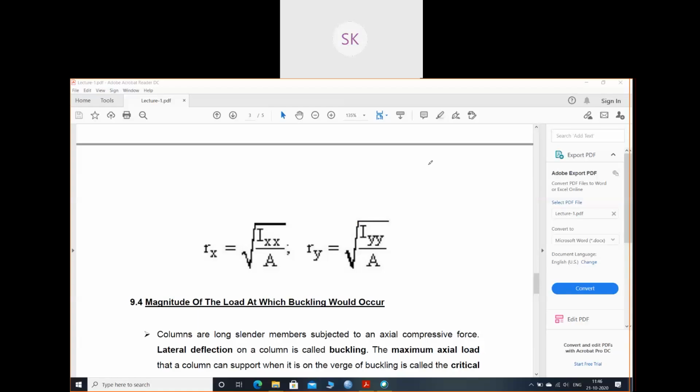So let me take an example of a rectangular member of width b and depth d. What will be the moment of inertia for this beam? Please write in the chat box.